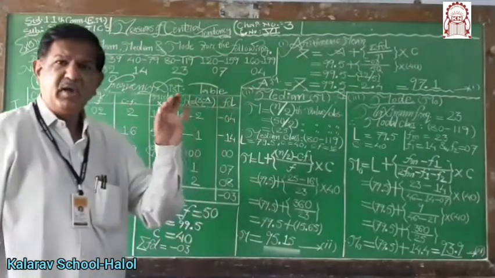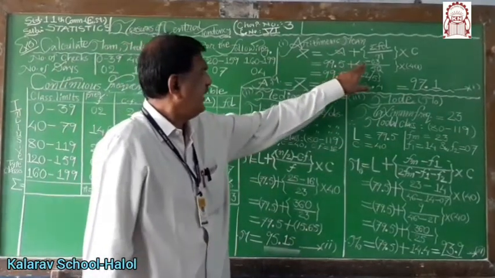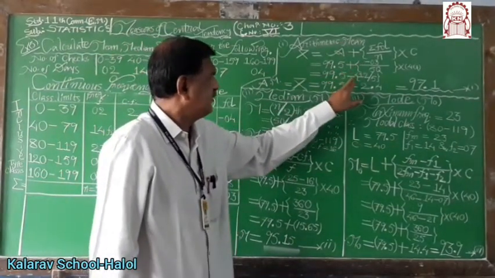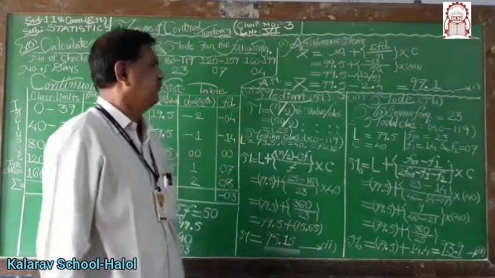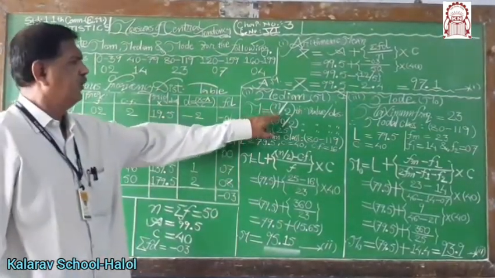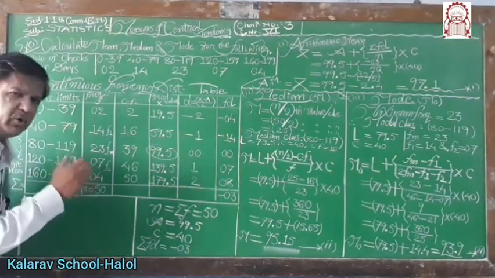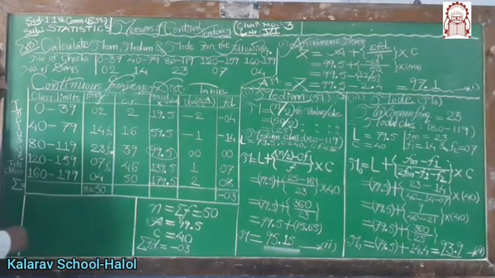Be careful about the calculation and simplification. The plus sign and the minus sign: the product of these two signs is minus, ultimately minus. Median is given by n upon 2. N means total frequency, 50. 50 by 2 means 25.